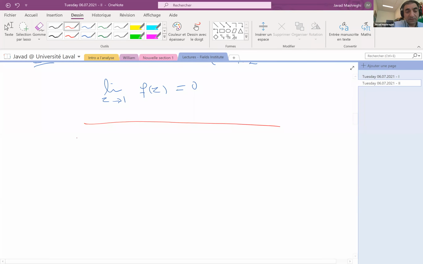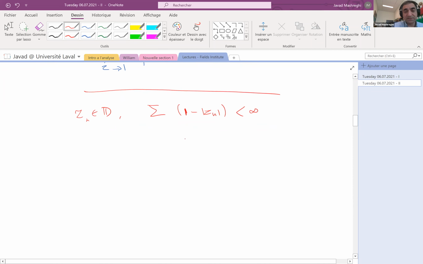If you have a sequence z_n in D, it satisfies this growth restriction, the sum of 1 minus modulus of z_n is finite. This is a necessary and sufficient condition for this function to be well-defined.